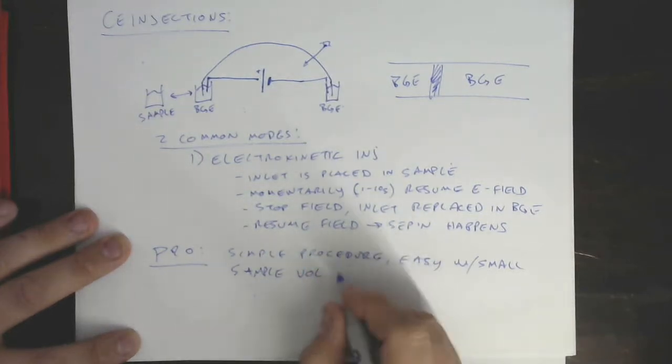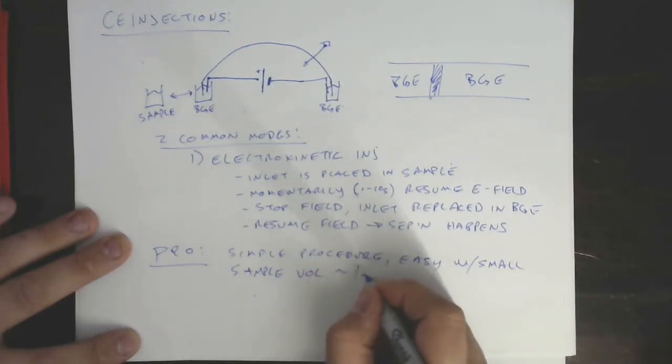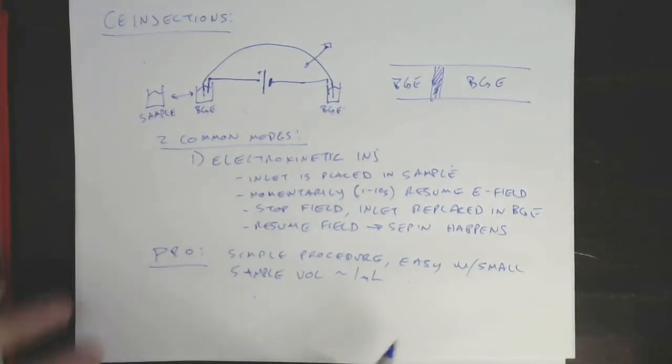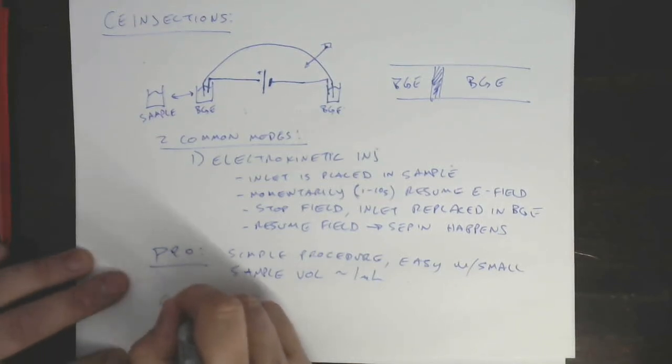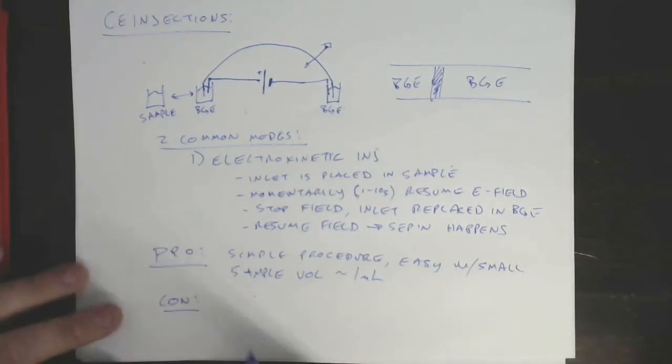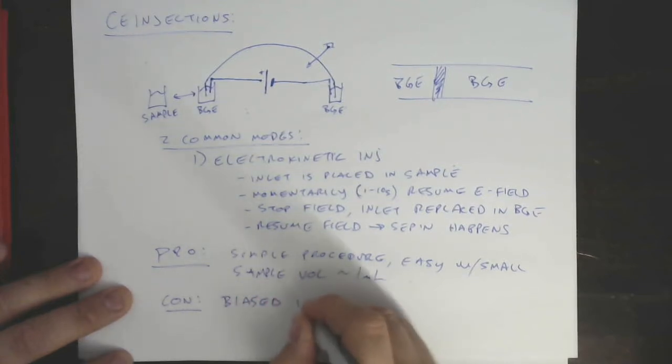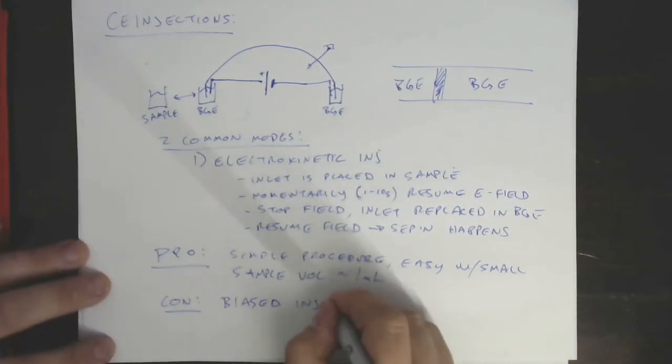And by small sample volumes, we're talking on the order of, if you have 1 microliter of total sample available to you in this vial, you can make a system like this work pretty easily. There's a big disadvantage to doing this. There's a big con, and that is that this injection is what we call a biased injection.